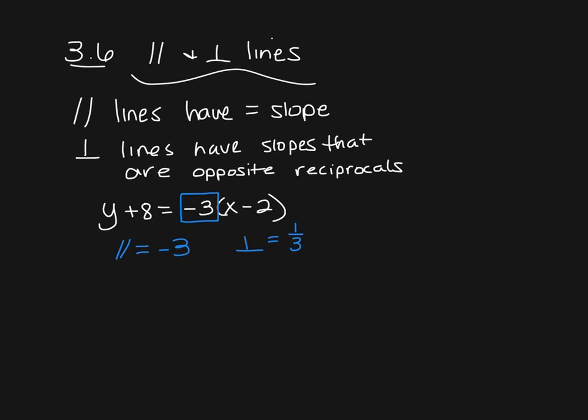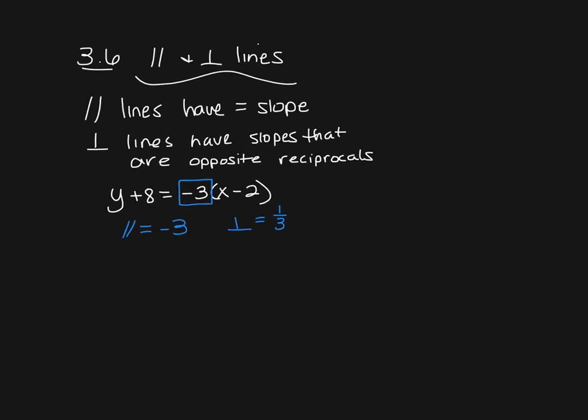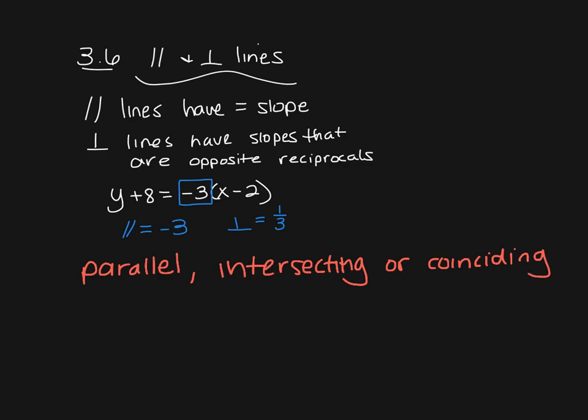It also asks you to identify from an equation if lines were parallel, intersecting, or coinciding. So parallel would be if they had the same slope but a different y-intercept, or a different b.